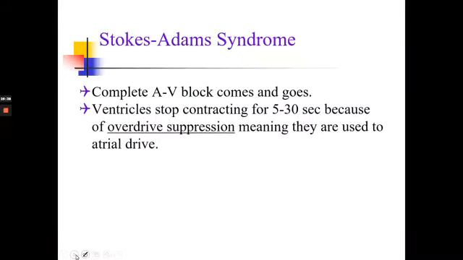Stokes-Adams syndrome, where there is pressure from the carotid sinus on the vagus nerve. In that case, if the vagus nerve is extremely stimulated, this will cause a decrease in the heart rate, and the SA node or AV node might be suppressed completely.